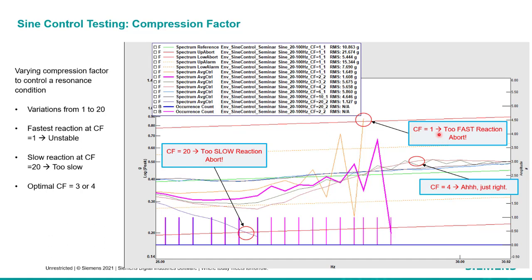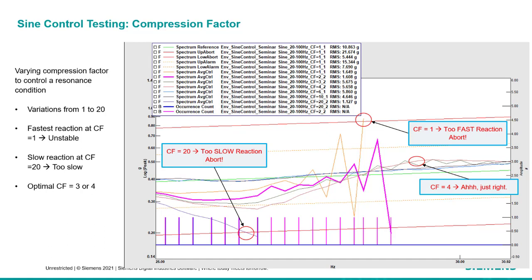It's too fast of a reaction. However, at the other extreme, with a compression factor of 20, it's too slow to react, so it aborts in that case too. Using a compression factor of 4, we can see that one here, and that's just right, it keeps it within these bounds and maintains pretty stable control.